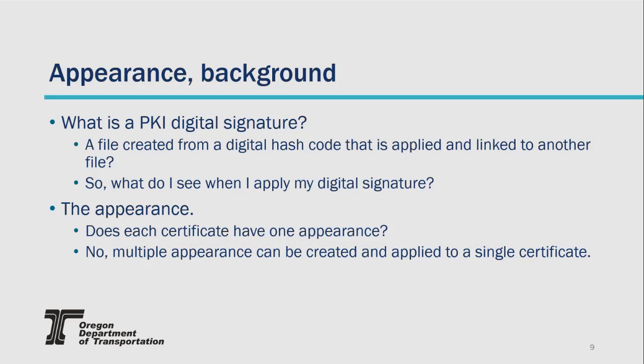Now we're going to jump down into appearance, because appearance is kind of important. People have been confused about this. So let's talk first about what a PKI digital signature actually is. Essentially, a PKI digital signature is a string of code that takes specific bits out of the file attributes and strings them together in a specific fashion that creates a unique identifier for the document at the time it was signed.